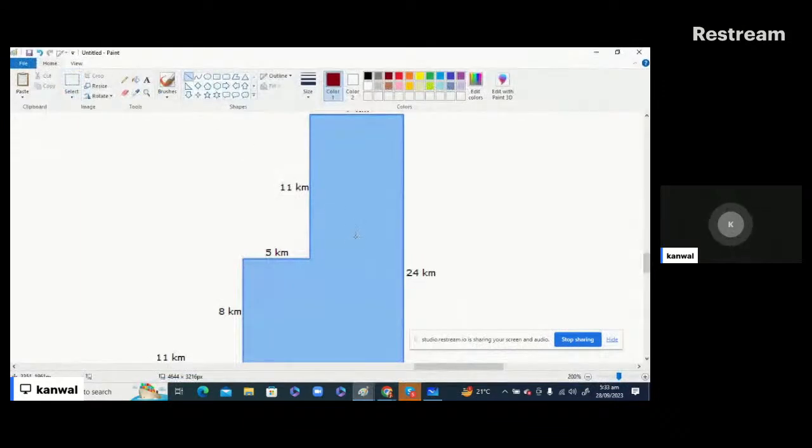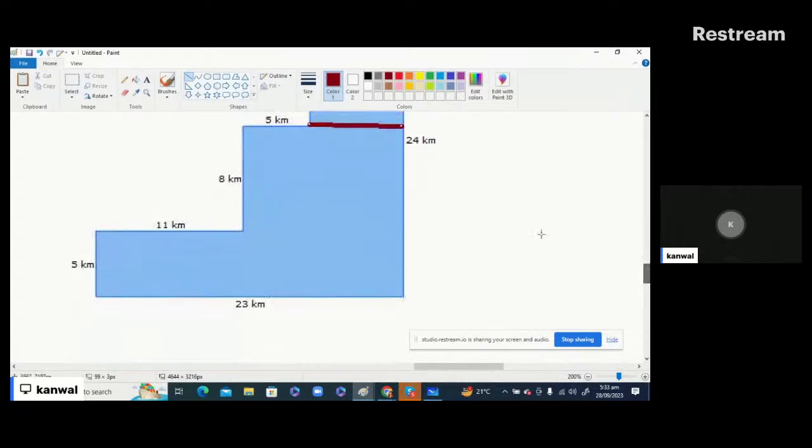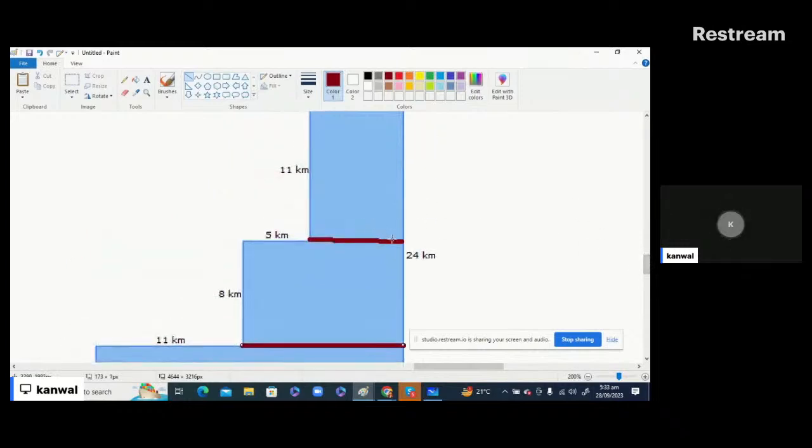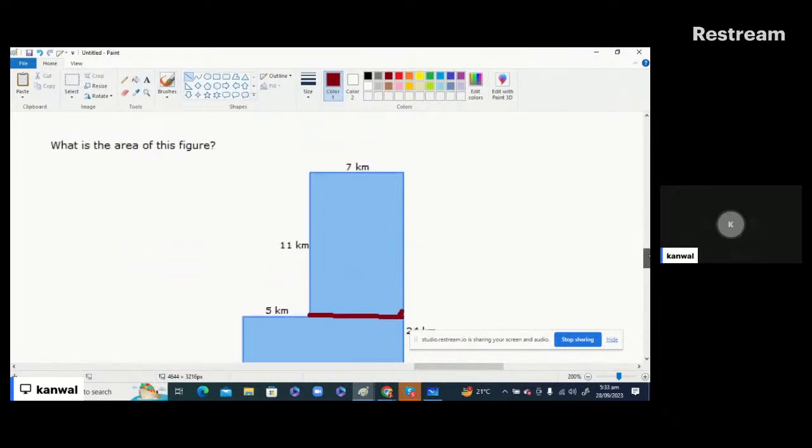Okay, now let's split this figure into the small parts. First of all, I'm going to split this from here, then I'm going to split this from here. Okay, let's just split this. Now look at here.